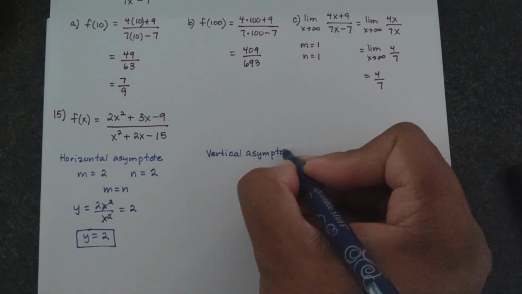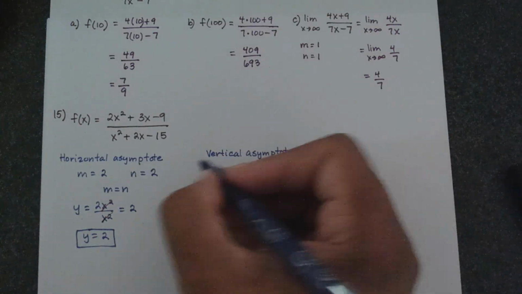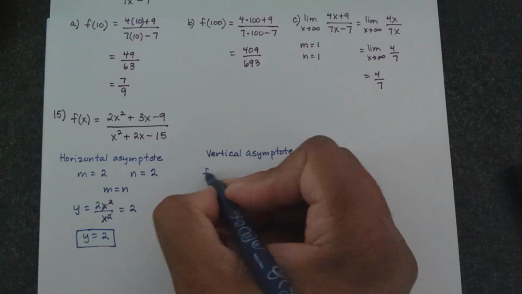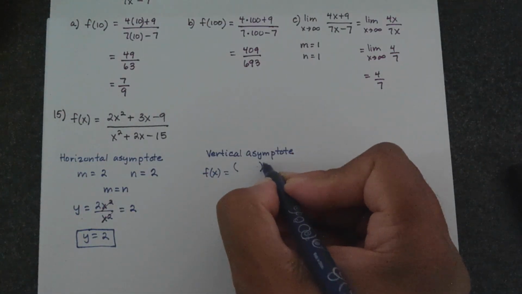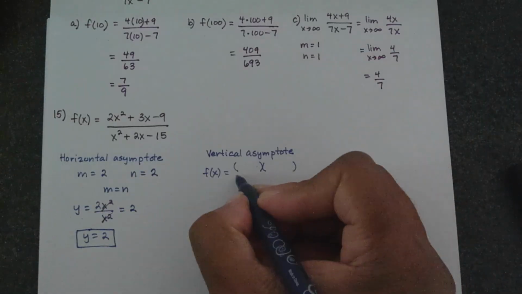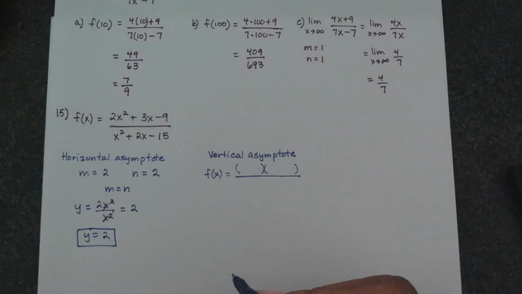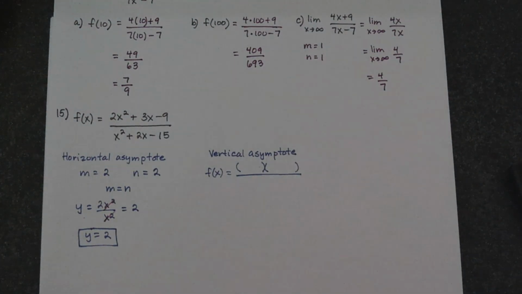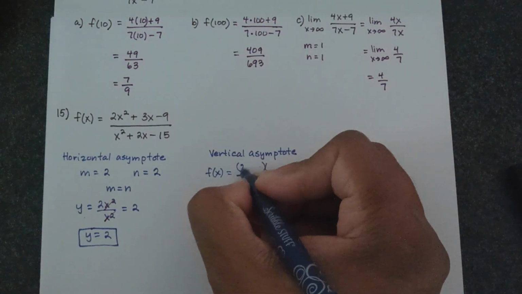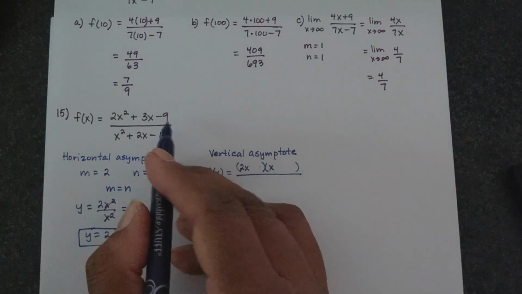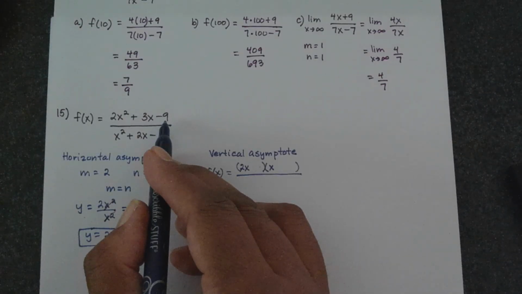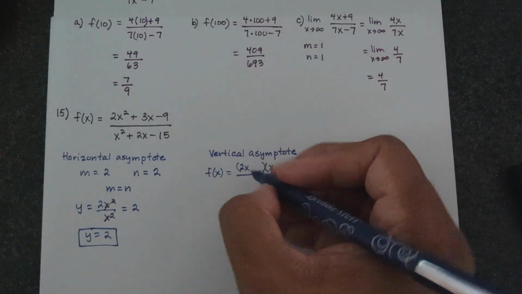Now for the vertical asymptote, first of all, I want to make sure I have no common factors in the numerator and the denominator for f of x. Let's see here, that 2x squared plus 3x minus 9, I believe I can factor that into two binomials. The 2x squared breaks up as 2x and x. Minus 9, the only factors will have to be 3 and 3, a plus 3 and a minus 3.